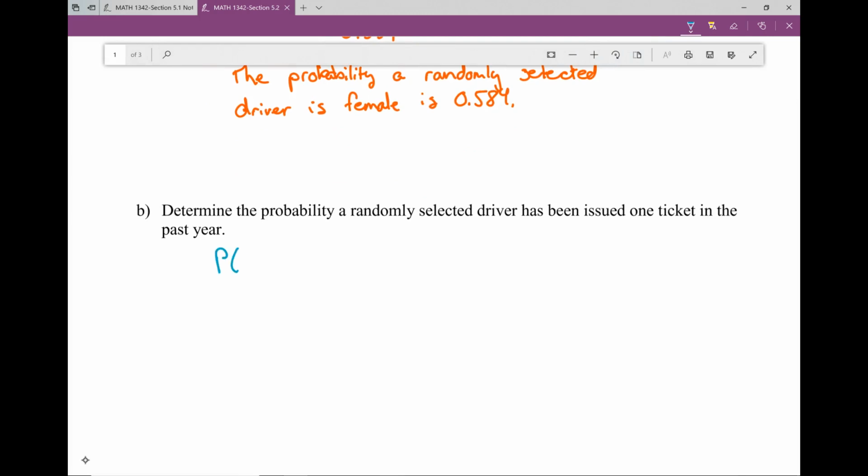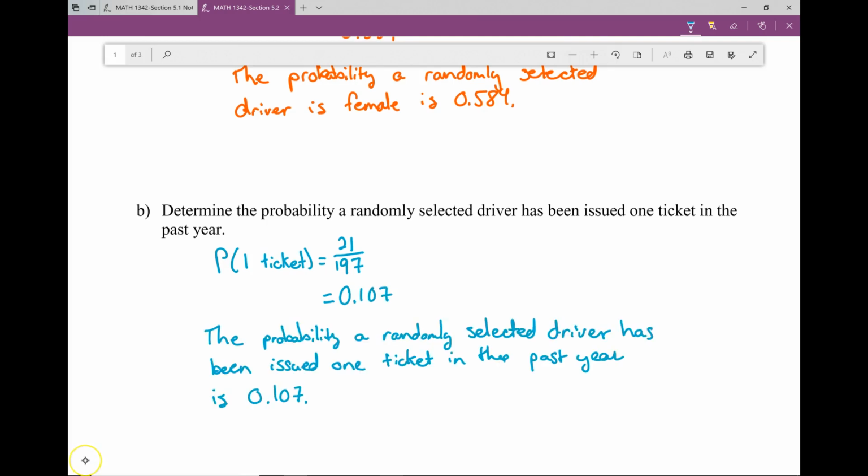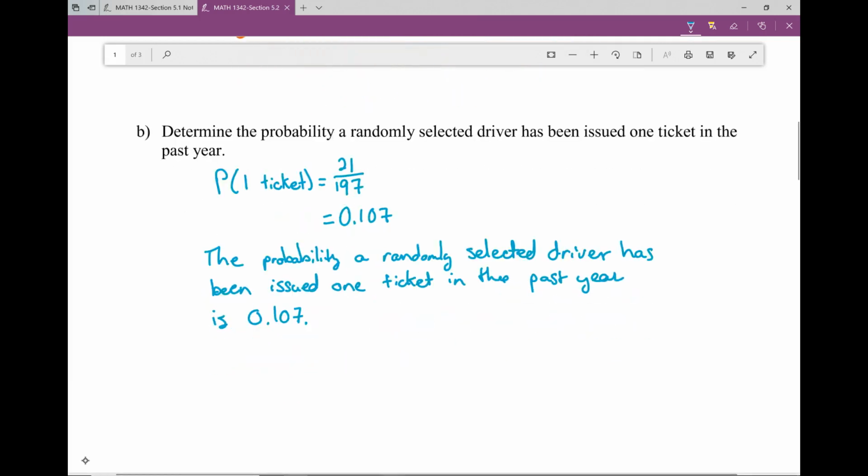So the probability of having 1 ticket is equal to those 21 individuals out of the total 197 individuals. Divide this out and we get 0.107. So the probability a randomly selected driver has been issued one ticket in the past year is 0.107.